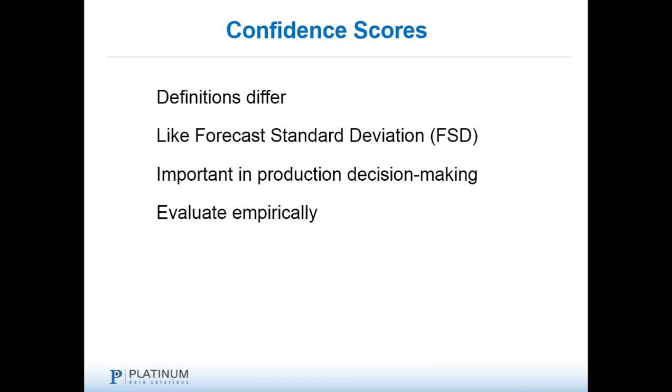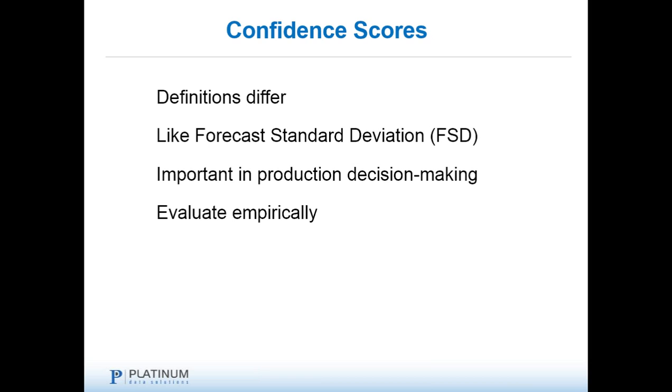But it makes two assumptions. One is that the mean percentage error is 0, which isn't always the case. And it makes the assumption that the distribution of that data, like what we saw on the chart just a moment ago, looks like a bell curve. It's normal. And that's never the case. So we want to be careful about even what's presented as a standard in the confidence score world.